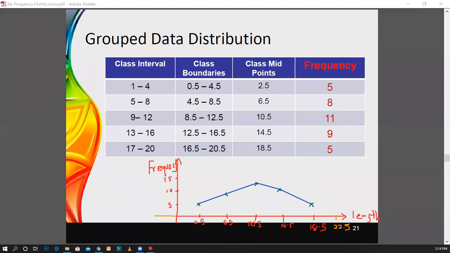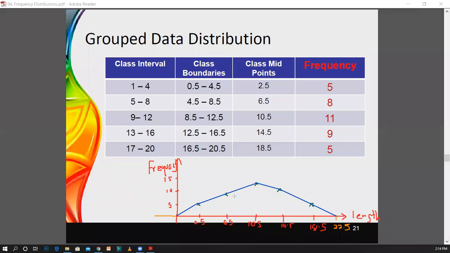Once you connect them, you will get it in this way. This point has to be connected here and this has to be connected here. For this example, we are connecting it with 0 because length cannot go beyond 0. It is the only reason. Otherwise, you have to come up with the appropriate class interval. This is how we construct the frequency polygon.